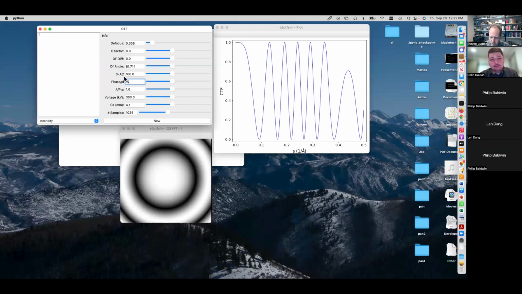You have the amplitude contrast of the specimen, and then you have the phase shift of the phase plate. But in reality, mathematically, those two things are doing exactly the same thing. There's only one parameter, which is how much phase shift you got. Some of that may be coming from the specimen, and some from the phase plate. So what you actually want the phase plate to do is more like an 80-degree phase shift.